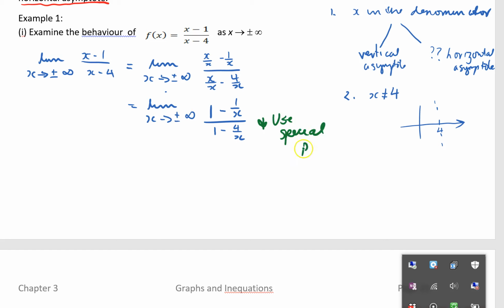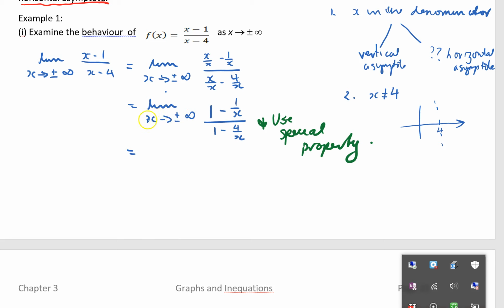What was that special property? It was that if you apply this limit, x going to plus or minus infinity, then any 1 on x goes to 0.